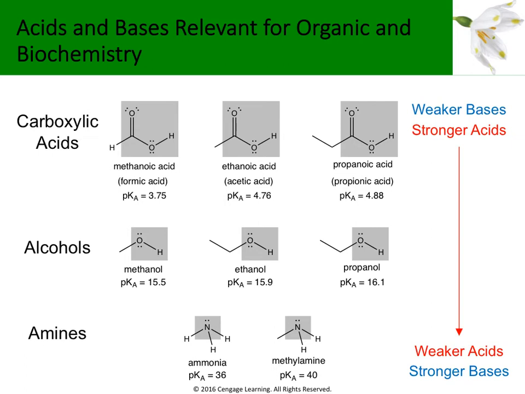Stronger acids tend to be weaker bases, whereas weaker acids tend to be stronger bases. So carboxylic acids, shown here, tend to be fairly strong organic bases. I mean, they're not as strong as HCl, but as far as organic bases go, they're fairly strong. And then amines would be fairly weak acids. But in contrast, amines are fairly strong bases.